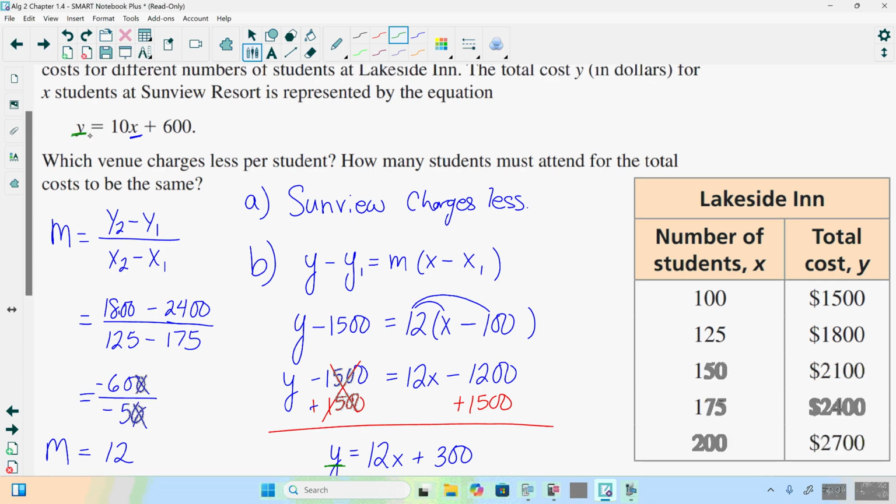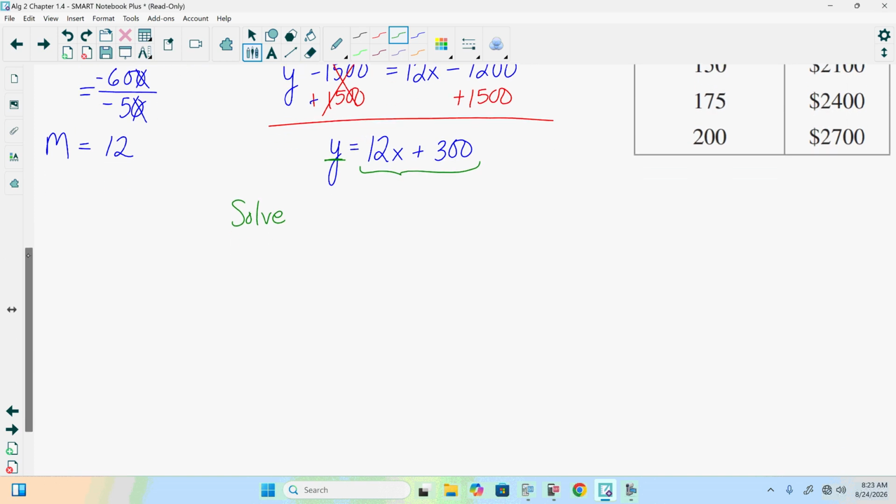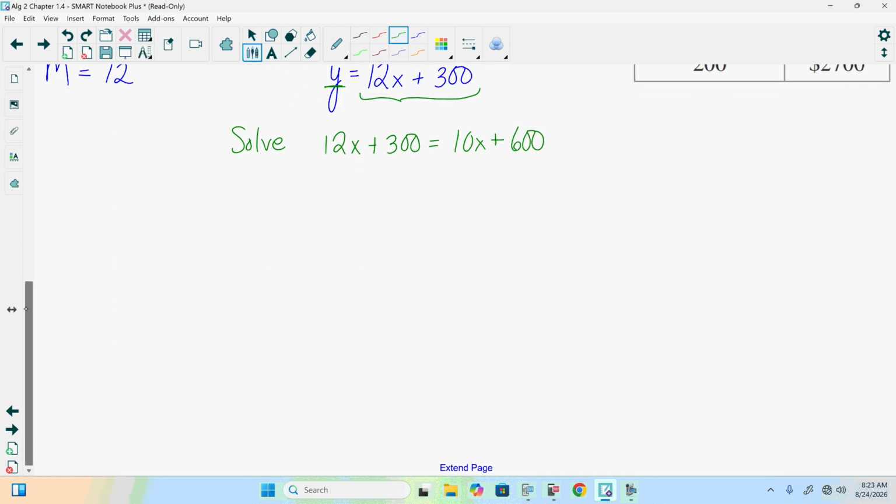So if those y values are the same, it must mean that our 10x plus 600 needs to equal 12x plus 300, because we're looking for them to be equal to each other. And what that means is that we can take 12x plus 300 and set it equal to 10x plus 600.